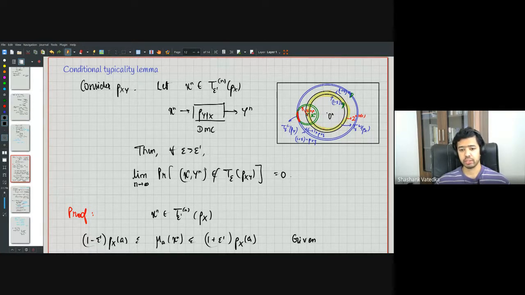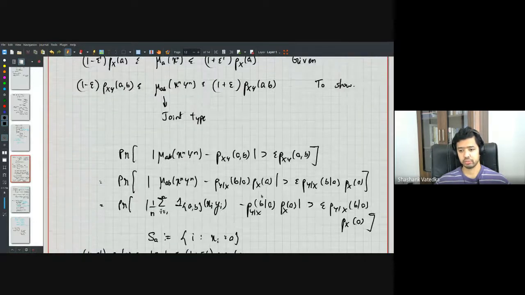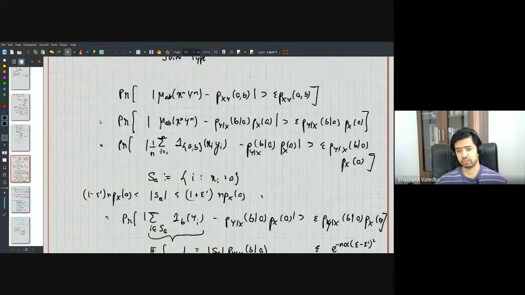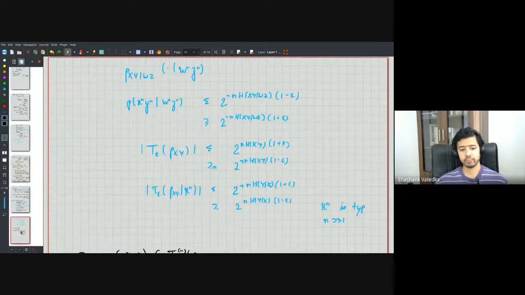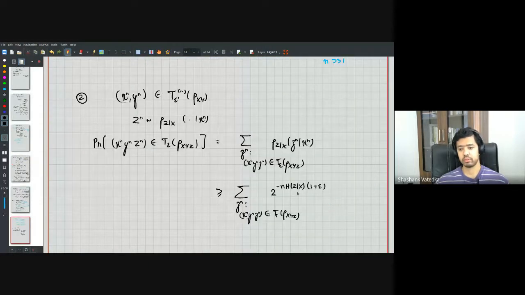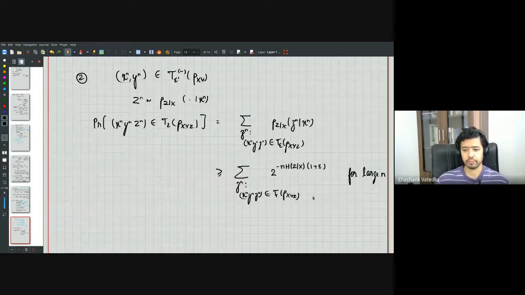The probability that these two are jointly typical is vanishing in n, and in particular you can show that this probability will be at least 2 to the minus n times H of Z given X times 1 plus epsilon, and this holds for large enough n.